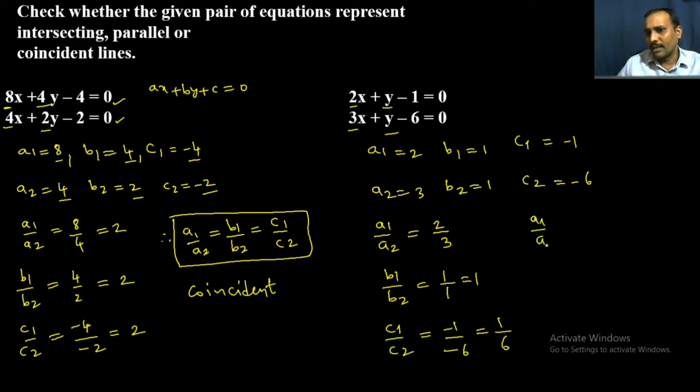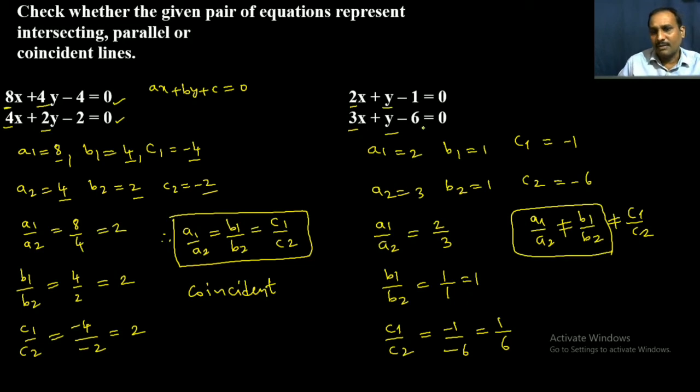Therefore, a1 by a2 not equal to b1 by b2 is not equal to c1 by c2. We have learned about this condition. When a1 by a2 is not equal to b1 by b2, the system will have a unique solution, which means the lines are intersecting lines. The lines intersect each other.